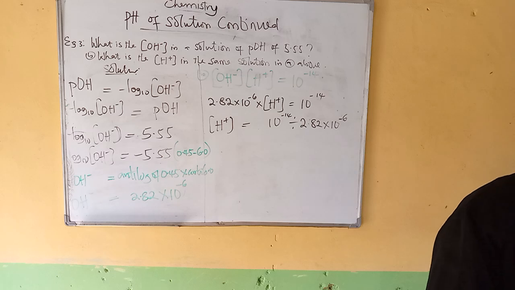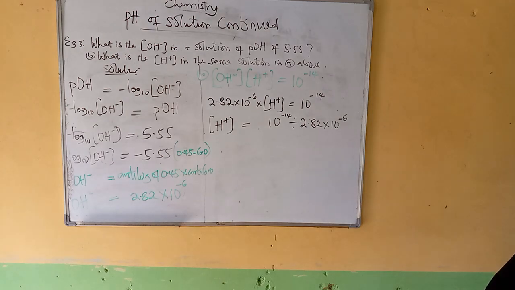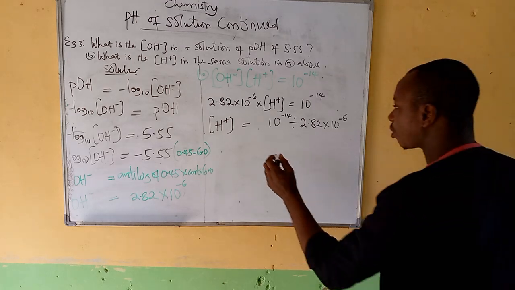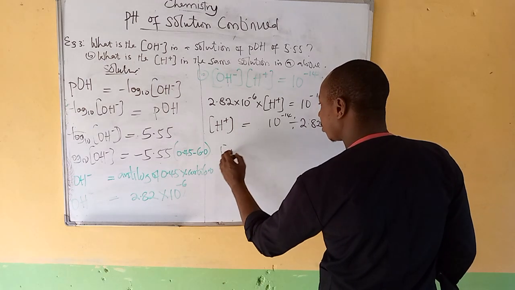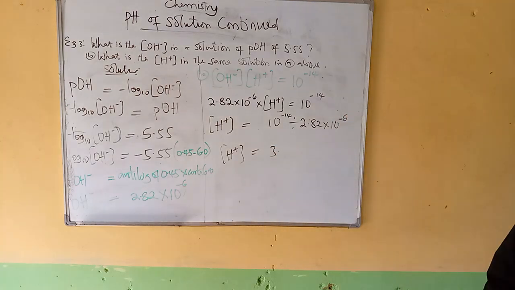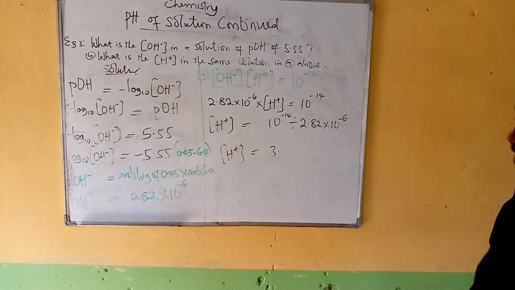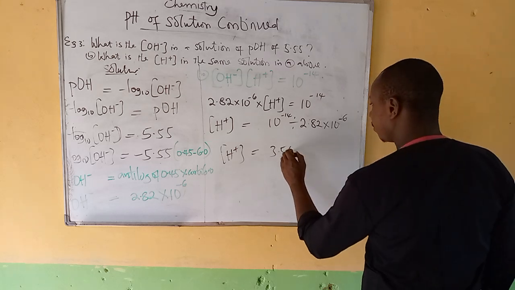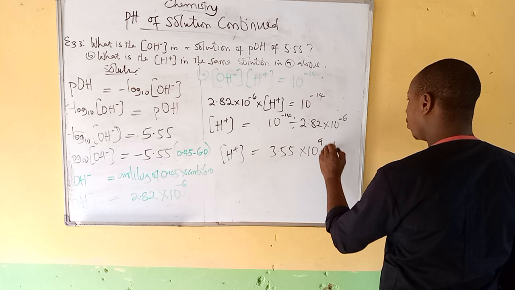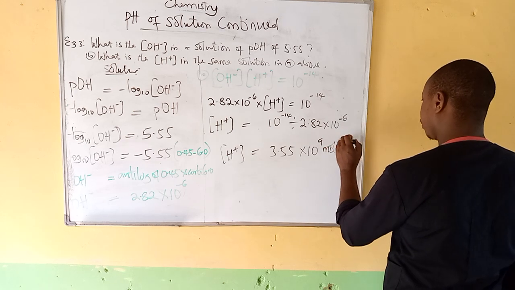And the calculator will just do justice to that. If you press your calculator very well, you get something like hydrogen ion concentration gives you 3.55 times 10 raised to power minus 9 mole per dm cube.